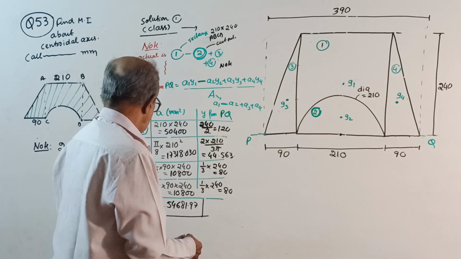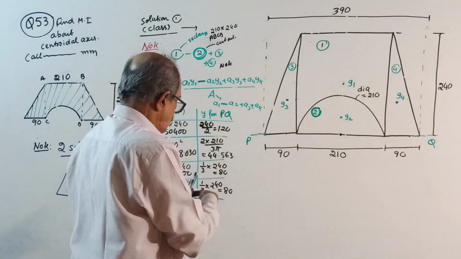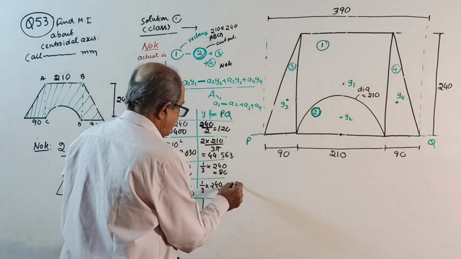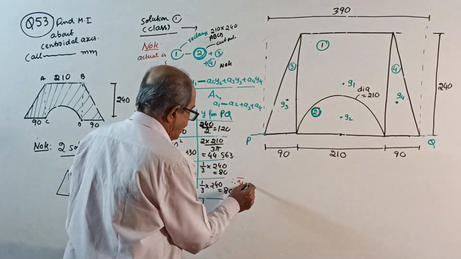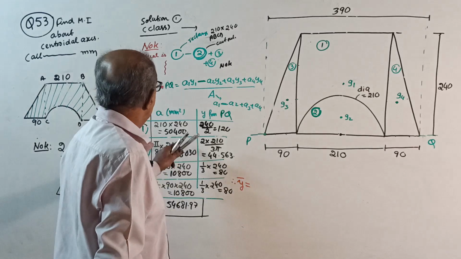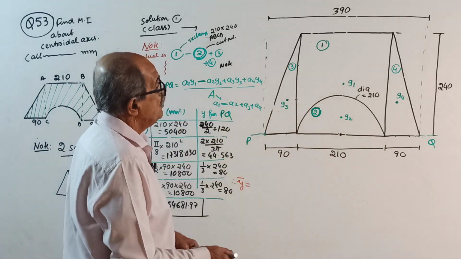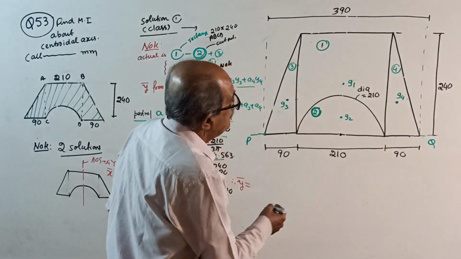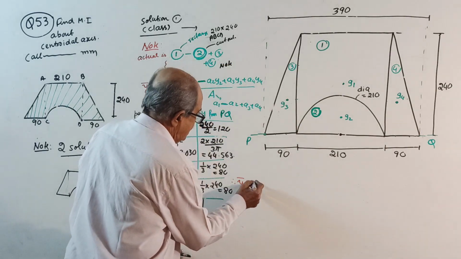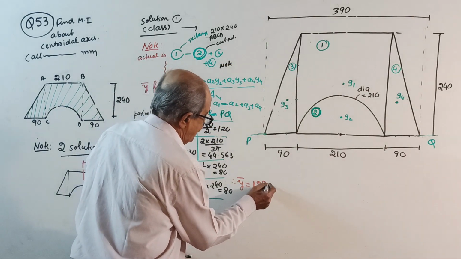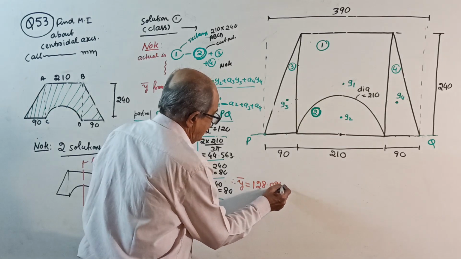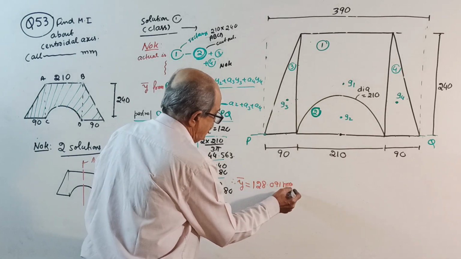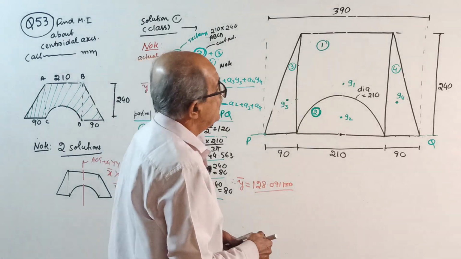Now with this data, your Y bar will come. Substitute A1, Y1 and so on here. I noted the answer: 128.091 millimeter is the Y bar I got from the bottom edge.